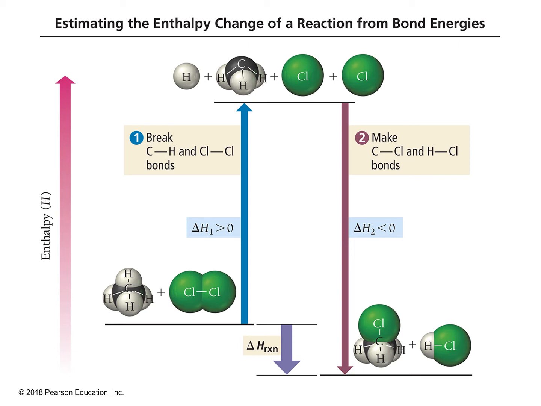That would be all of that breaking up going into one portion of your delta H, the breaking apart part. And then when we start reassembling everything, we're going to create a carbon-chlorine bond and a hydrogen-chlorine bond. So we would have to reassemble the molecule.